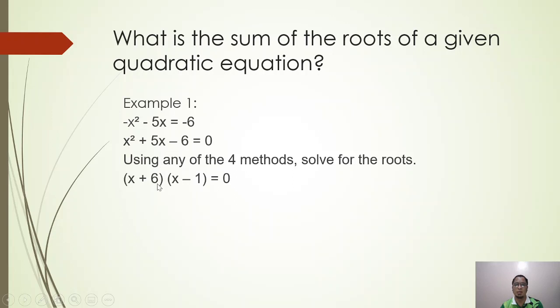And that will leave me 6 at saka 1. Dahil negative ito, magkaiba yung sign. Paano natin malalaman ulit kung saan yung mas malaki ang value? Tingin tayo sa sign sa gitna. Sir, positive po. So yung positive, dun mo ilalagay sa mas malaki yung value. And then yung kabila, negative.